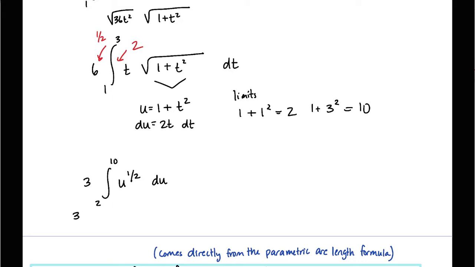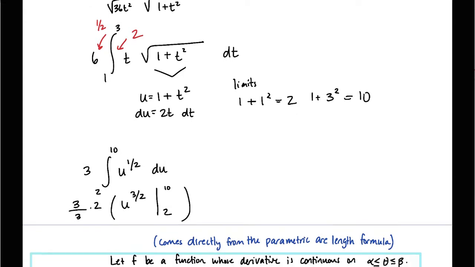So I get 3, and then, adding 1 to 1/2 would give me 3/2, so 2/3. Okay, so I get 10 to the 3/2 minus 2 to the 3/2, and that's multiplied by 2 for my answer.